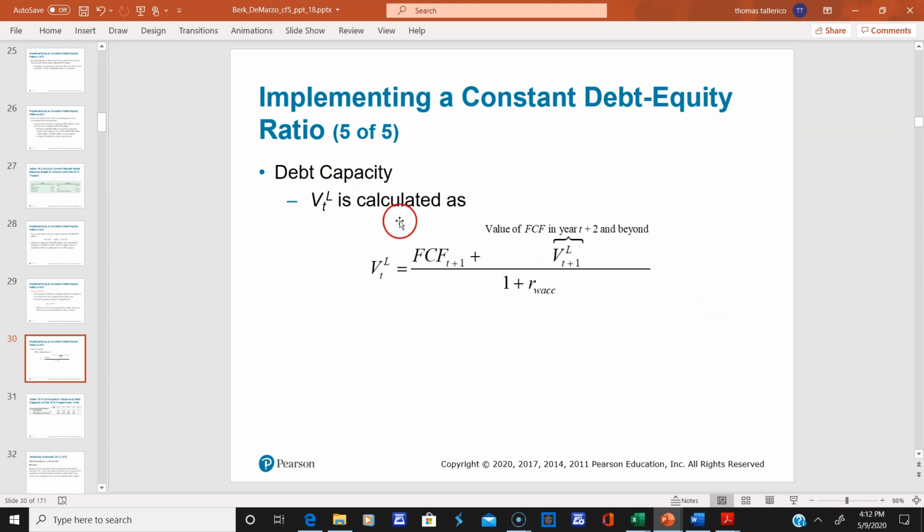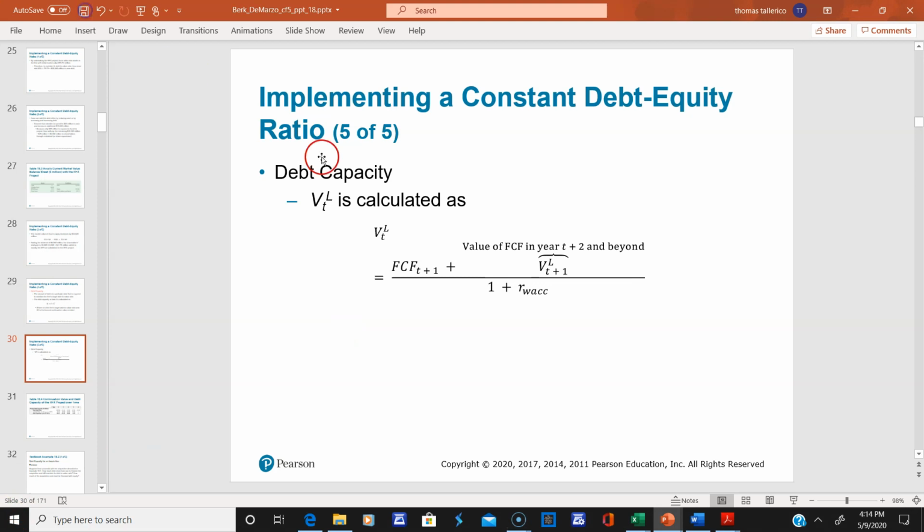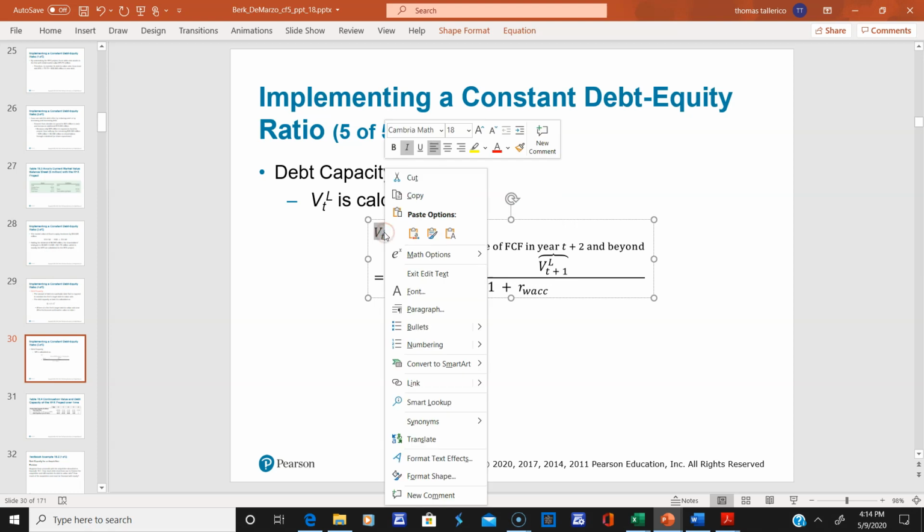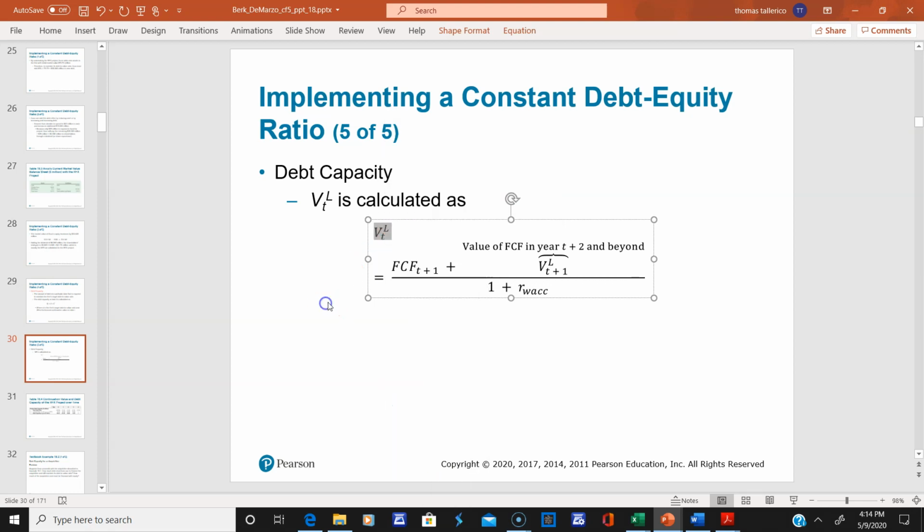So here's how we get debt capacity. And here's your free cash flow at time t plus 1. And hold on, there's something going on here with this equation. There's a big space here, and this here should be over here, right? I try to fix this, but let me see if I can fix this. I don't know.